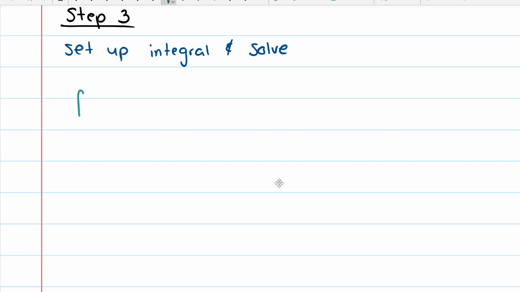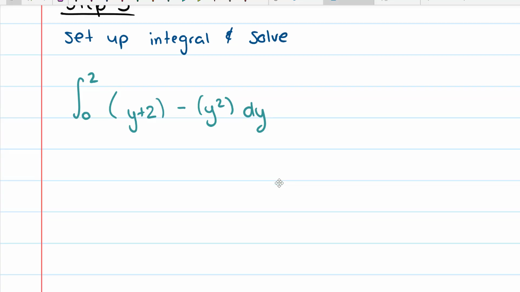So we're going to get our integral from 0 to 2, because those are our y limits. And the right function was y plus 2, and the left function was y squared, dy. And now all that's left to do is just to integrate.